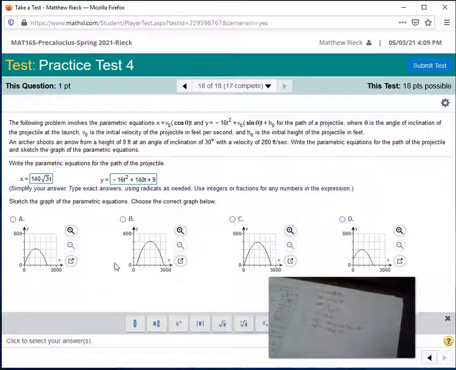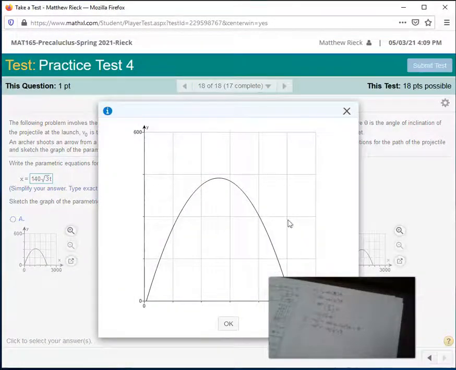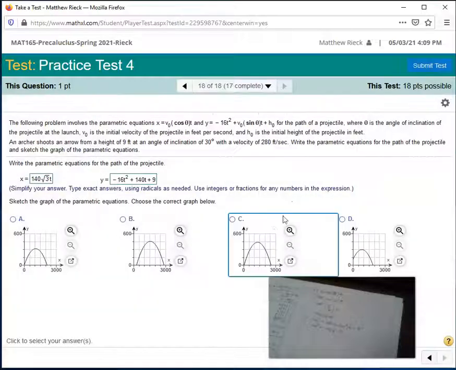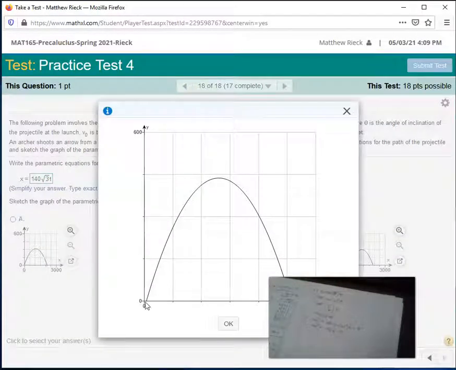All right, so then it's asking for the graph here. In this case, our x is going to start at 0, so that eliminates B. So now we have A, C, and D. In fact, it looks like C might be out as well, since that looks like it starts past 0.